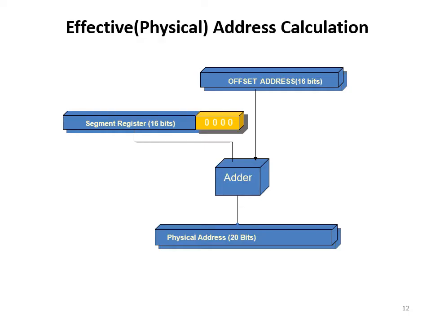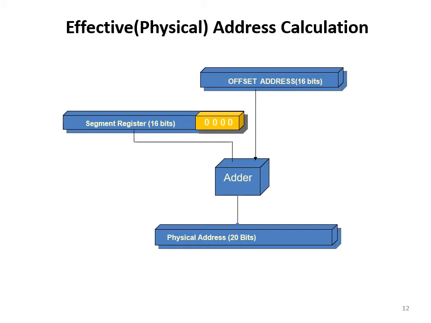This is the effective address calculation, which will be done by the summation block you have seen in the BIU part. Here the segment register, which is 16 bits in size and indicates the starting address of a particular segment, you will take that value and left shift it by 4 bits.